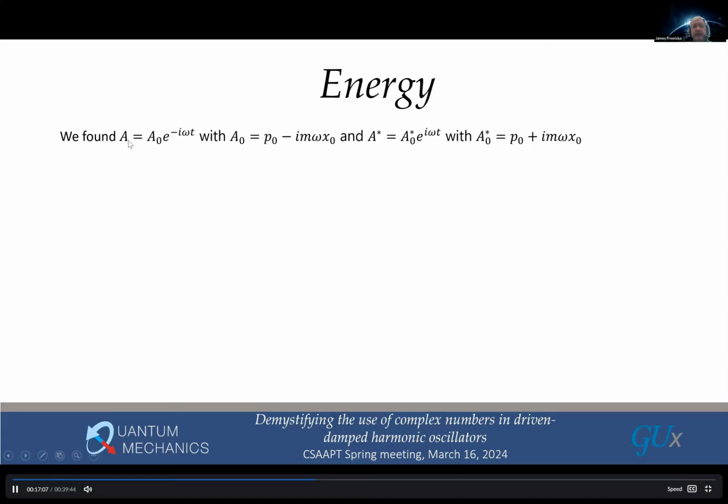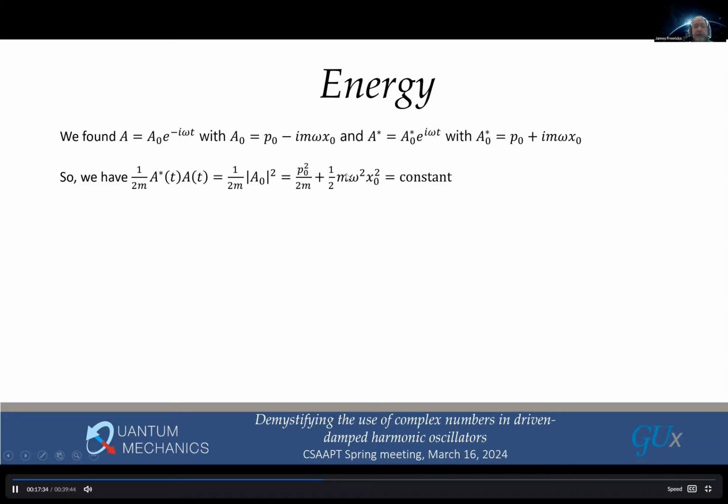If I take the product of A with A star, that's going to be time independent. If I multiply 1 over 2m times A star A, it's 1 over 2m times the modulus of A0 squared, which is P0 squared over 2m plus 1/2 m omega squared x0 squared. That is a constant, and you can see that's the total energy.